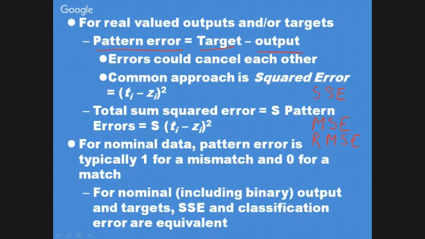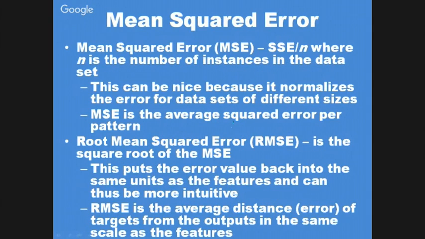The sum squared error is the summation of (Ti minus Zi) whole squared, where i goes from 1 to n, the number of neurons. So this is your SSE, along with the classification error and the classification accuracy.